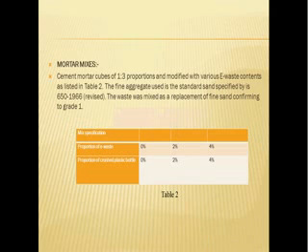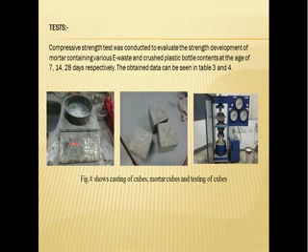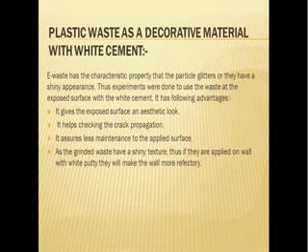To test the strength, we made a mortar mix of 1:3, and we replaced the fine aggregate by 0, 2 and 4%. These are the photographs of the actual preparation of the mortar cubes and their testing.